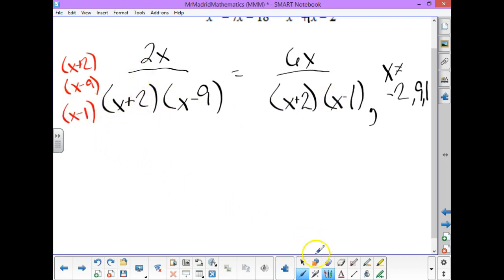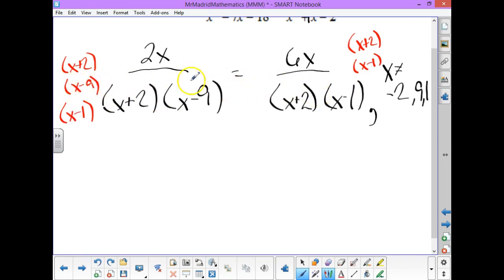Let me go a little slower. I'm going to multiply by these two so that they can cancel out here. Now this side I'm going to multiply by x plus 2 and x minus 1 so they can cancel out. Now I must do the same thing to both sides to be fair. This one has an x minus 1, this one doesn't, so I'll toss it in here.